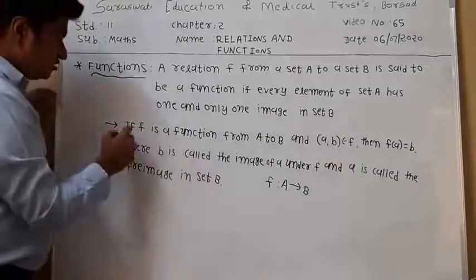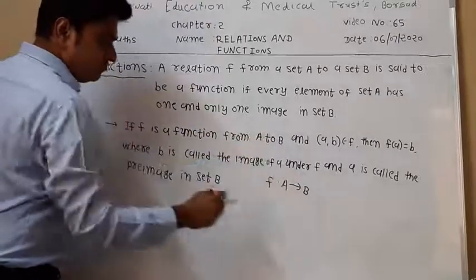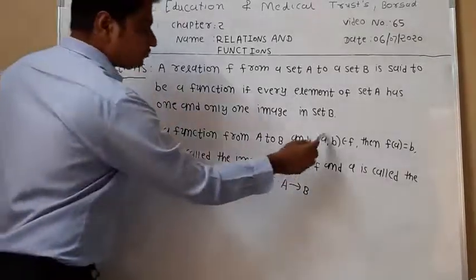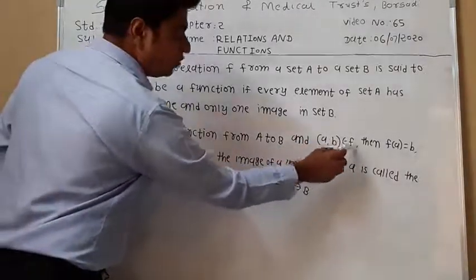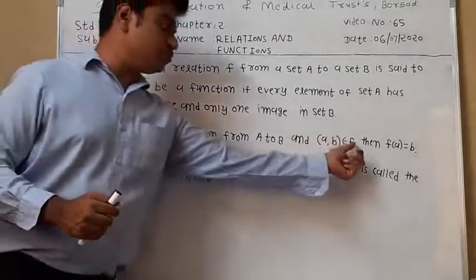Suppose f is a function from A to B. We can write f from A to B, and the ordered pair (A, B) belongs to f.